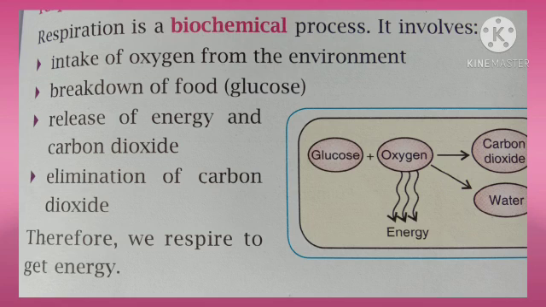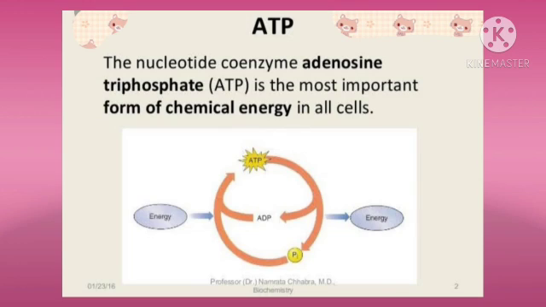Third, energy is released as a result of food being oxidized. This energy is stored in the form of energy currency of the cell called ATP, or adenosine triphosphate. One molecule of glucose releases about 38 ATP molecules.